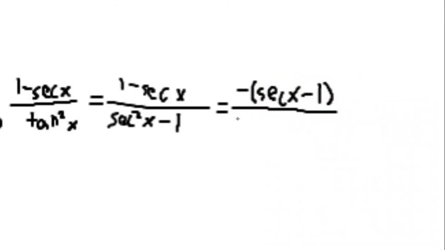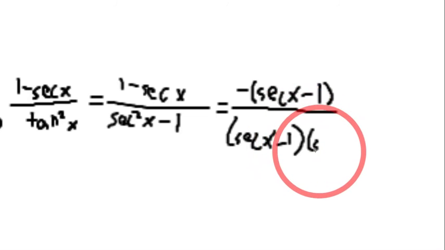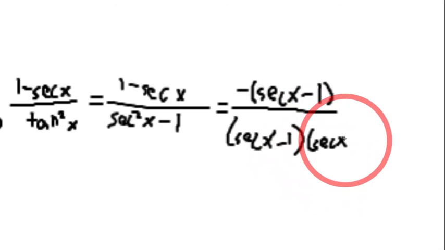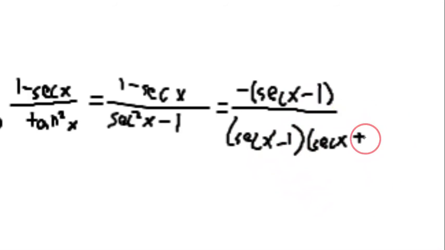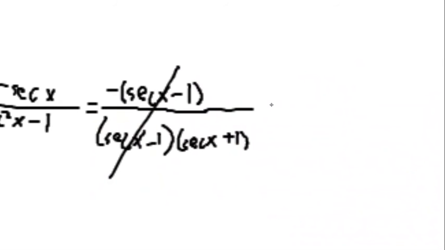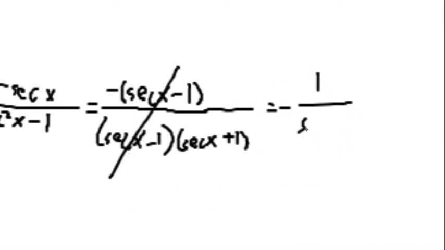And the denominator will be written as secant of x minus 1 times the secant of x plus 1. And then these two parts will cancel, leaving us with -1 over secant x plus 1.